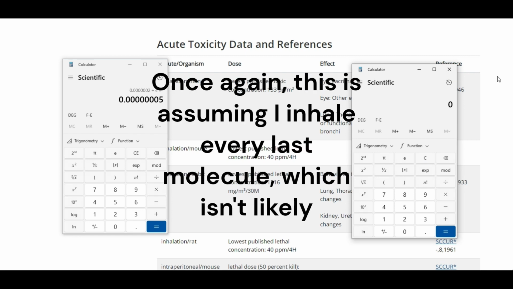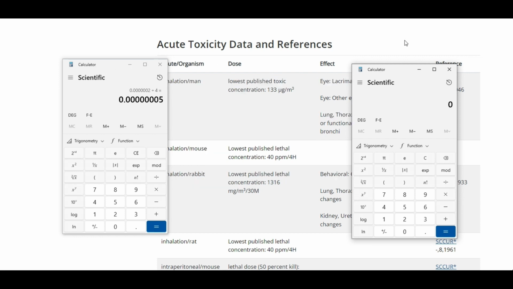Now, the question becomes, because they say that the odor threshold is toxic. And I've also read that osmium tetroxide has what they describe as an insidious accumulation effect.